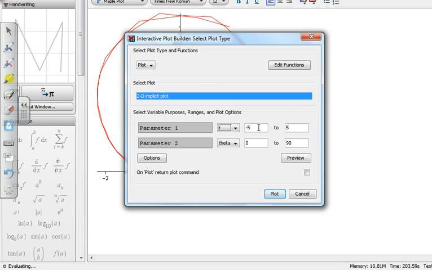R is equal to 5 sine 4 theta. But R isn't changing.